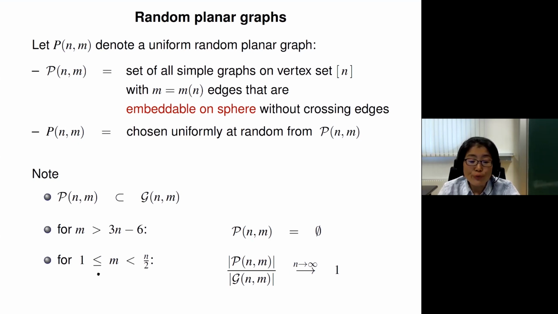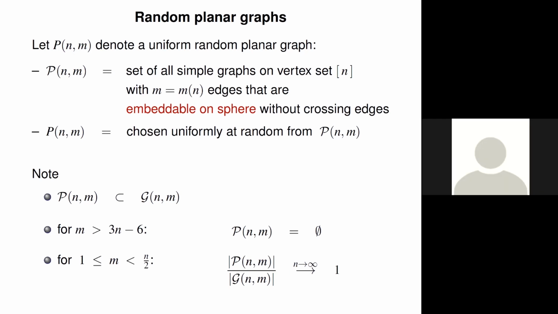Furthermore, thanks to the previous result, when m is smaller than n over 2, in other words, the average degree is strictly smaller than 1, we know that G(n,m) is with high probability P(n,m). In other words, in terms of enumeration, the fraction of the planar graphs over the set of all graphs tends to 1. Just plain rewording with the terminology of high probability.